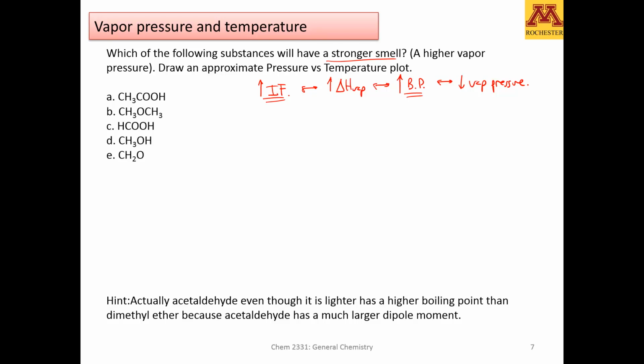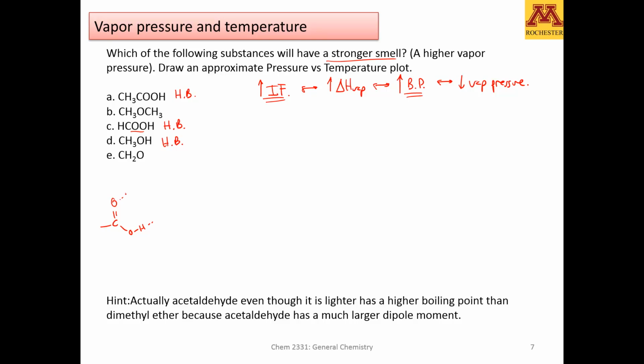Well, we see that this one can form hydrogen bonds, this one can form hydrogen bonds, and this one can form hydrogen bonds. Which of these three will have the strongest intermolecular forces? Notice that these are carboxylic acids. Carboxylic acids are known for being able to build double hydrogen bonds.